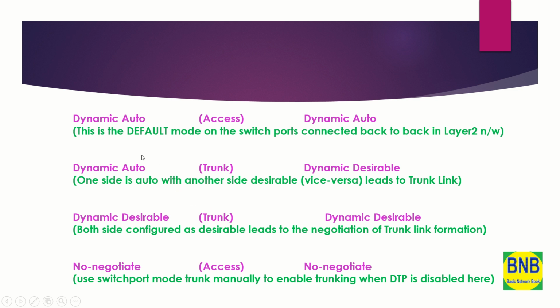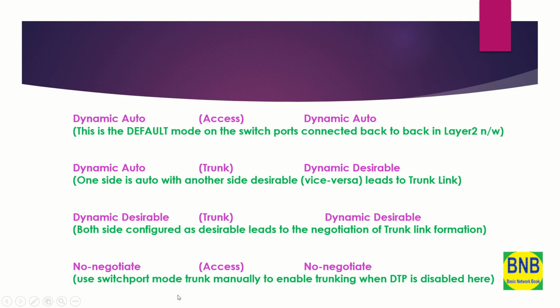So what I'm trying to say here is, if you have dynamic auto on one side and dynamic auto on the other, it will be an access link. If you have dynamic auto on one side and dynamic desirable on the other, then it's going to be trunk. Similarly, if you have desirable on both sides, it's going to be trunk again. And if you have nonegotiate on both sides, then it's going to be access, similar to the first type. You don't need to configure anything.